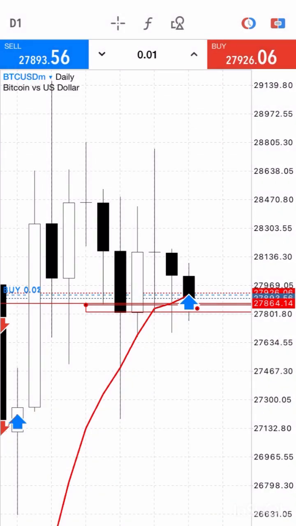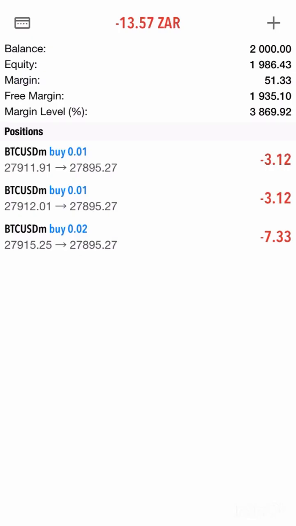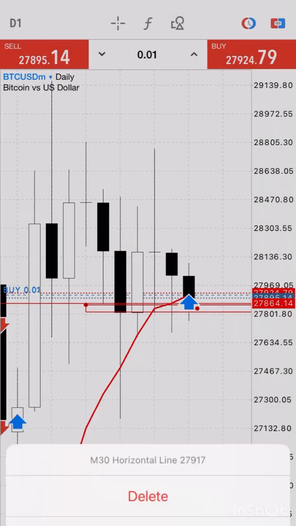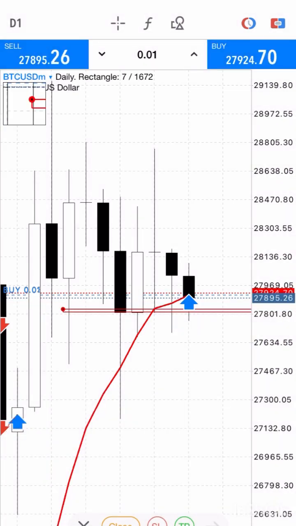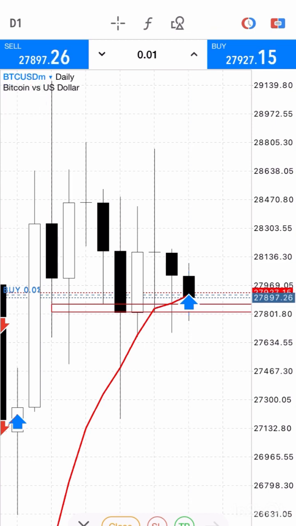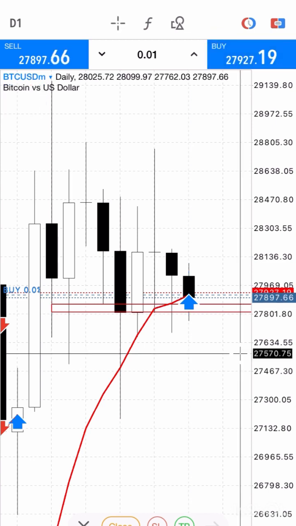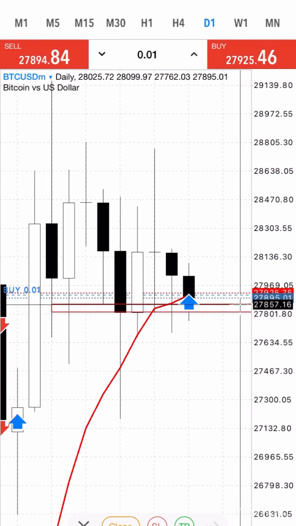Let's take out that horizontal line. Boom, right there, perfection. Right there from here to there. Now let's go to the lower time frame and see.